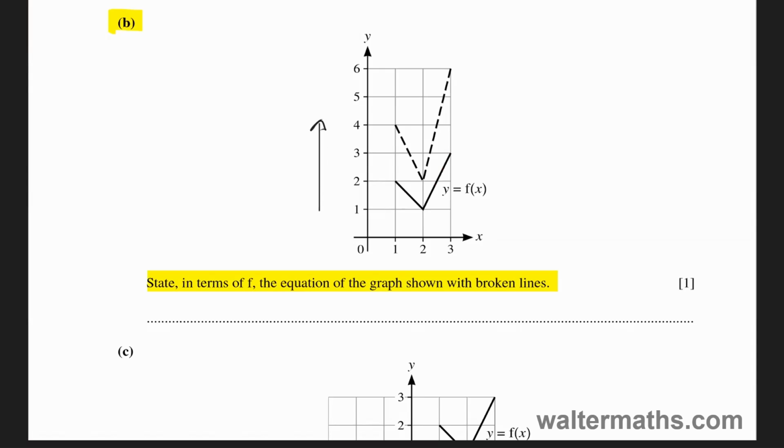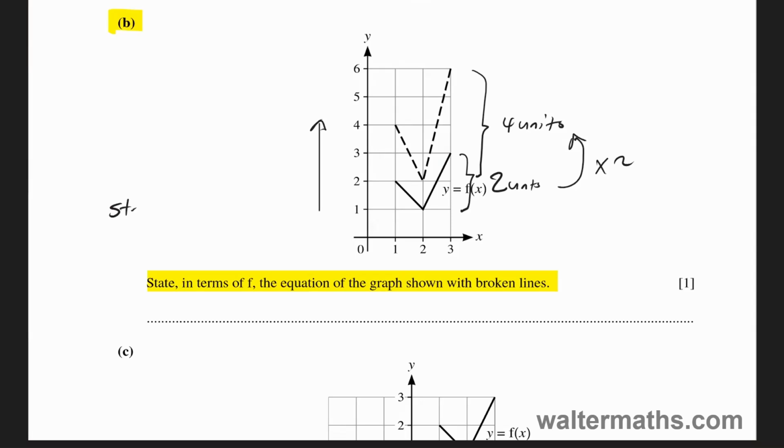If you look at the full height of the original graph, which is 2 units, and the full height of the one in broken lines is actually now 4 units, you can see that the graph has been stretched by a factor of 2. All right, so that's essentially what has happened.